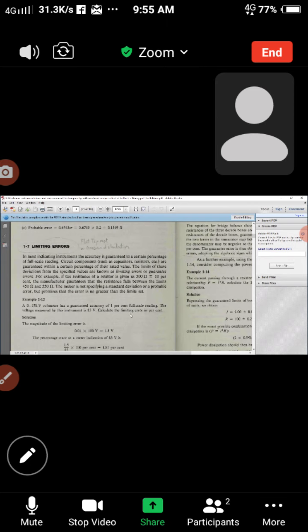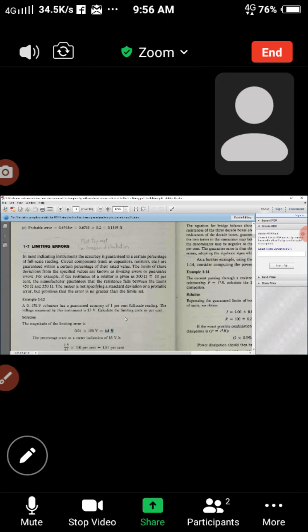If I want to read 150 volt full scale, then there will be a 1% full scale reading error. Our accuracy is guaranteed 1% of full scale reading. That means the magnitude of the limiting error is 0.01 into 150, that is 1.5 volt.